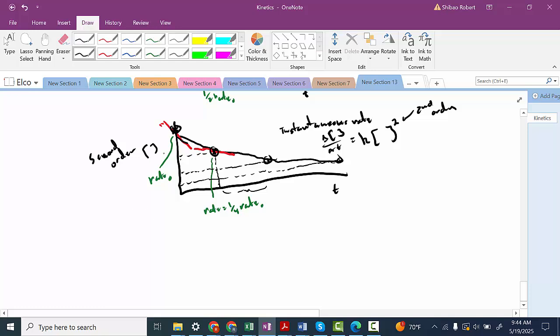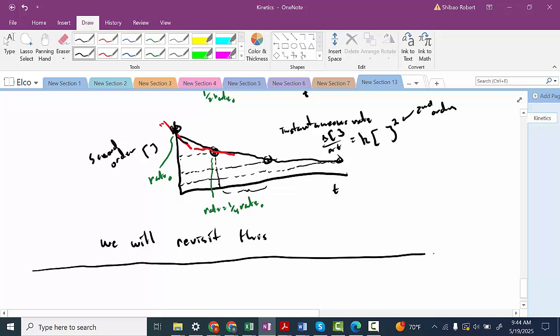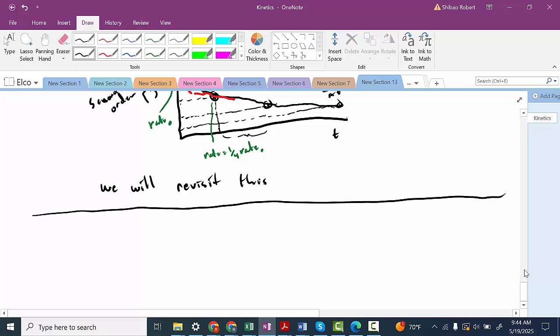Rather than tracking reaction progress, we're going to look at some generic reactions. We will revisit this. And then we're going to look at other patterns, or other empirical observations.